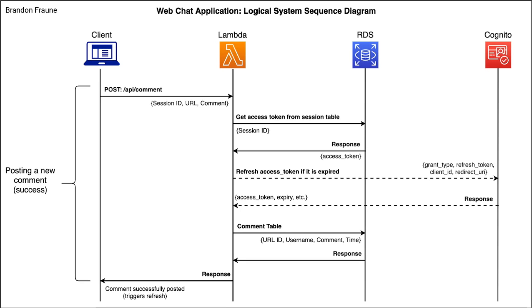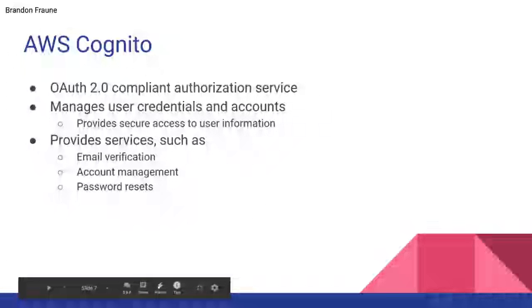It's a JWT containing information like username and expiry times. So we can use that username to post it into the comment table, and we'll get the response of a success, hopefully. So it's just an example of one of our API calls. There's a lot more calls, and they might actually vary more than this one does.